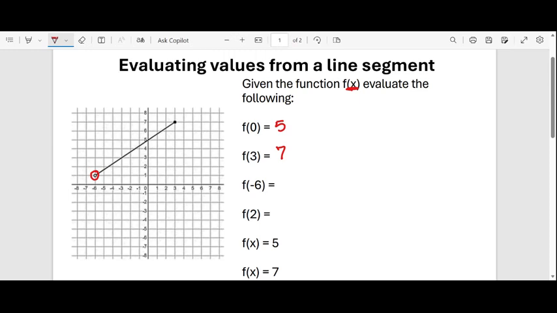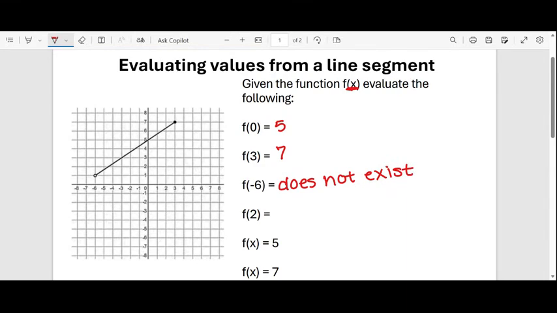So the answer to this one is kind of tricky. It is not 1. People want to say 1. It's not 1. It does not exist. There is nothing inside of that dot that exists, so we cannot say that there is anything at negative 6. It gets really close to there, but then there is nothing there.